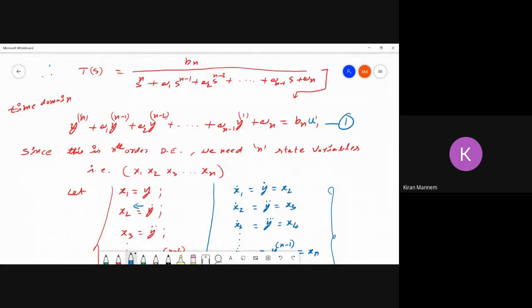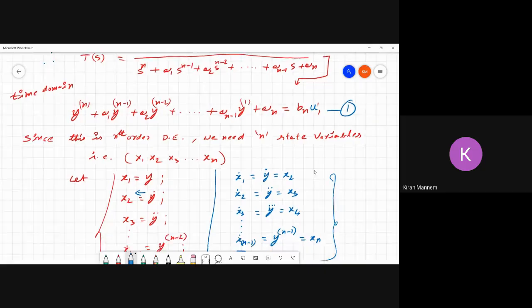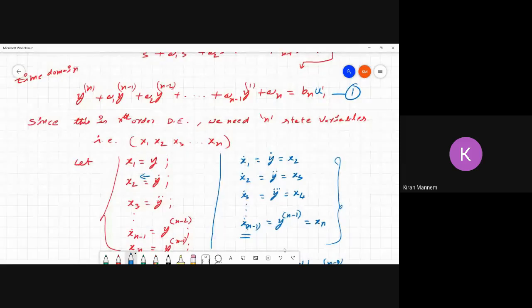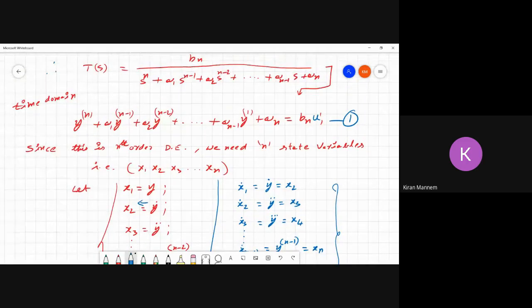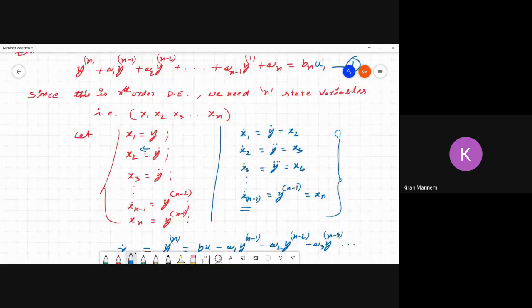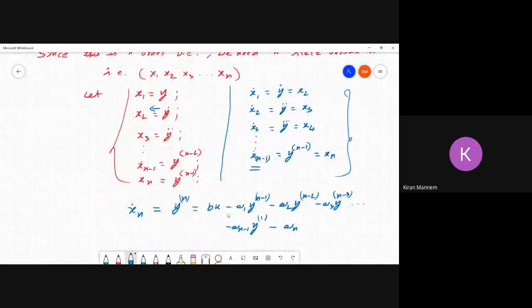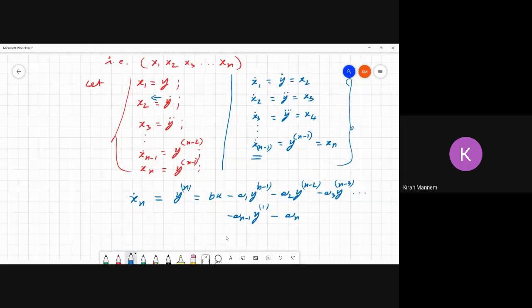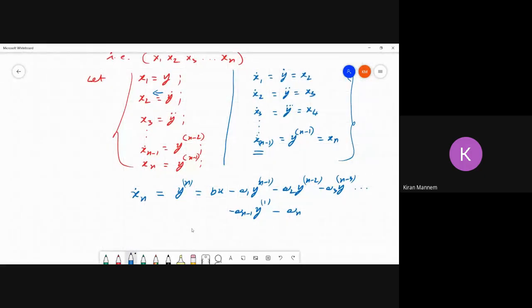So y to the power of n is equal to, these are all negative terms, and this would be the positive term, right? I wrote the same here, which is the last term, bn into u minus a(n minus 1) up to an. Look at this. This is the only key point in these phase variables, this equation. Writing the last equation.